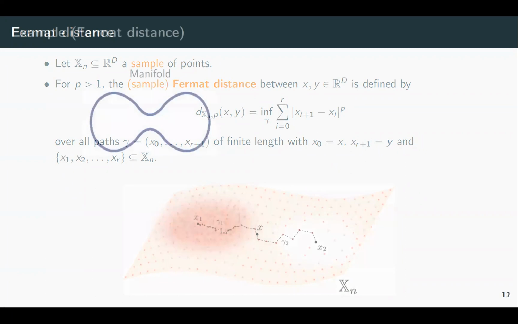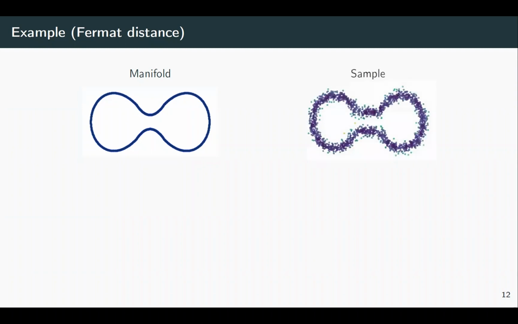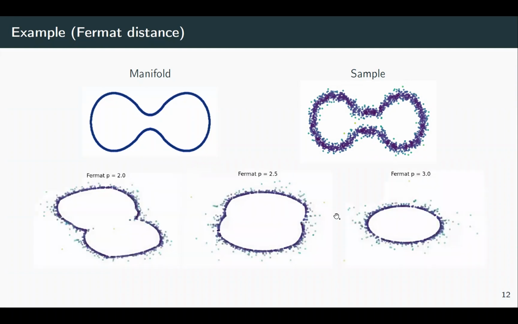So let's try to look at some examples of this deformation. Here you have a manifold and a sample. If you compute the Fermat distance between points in the sample, you choose a parameter P. And if you try to project again into the plane in order to recover this original distance, this is what you obtain.